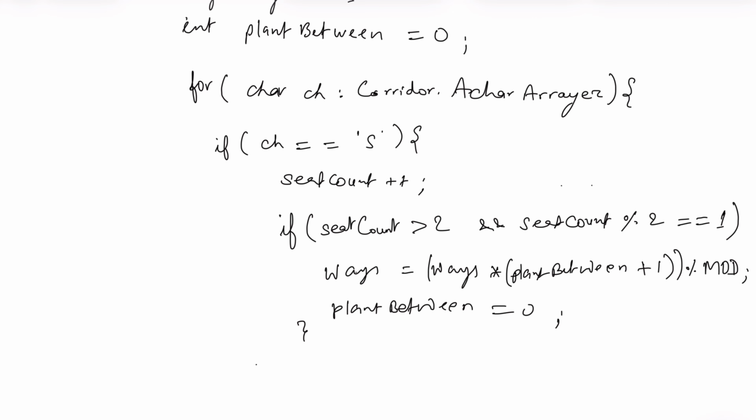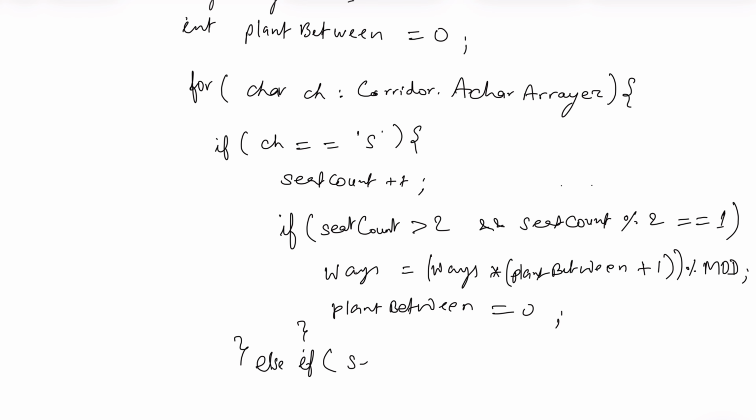Once this is done, in these if conditions, we'll say else if seat count is greater than or equal to 2, and seat count mod 2 is equal to 0.